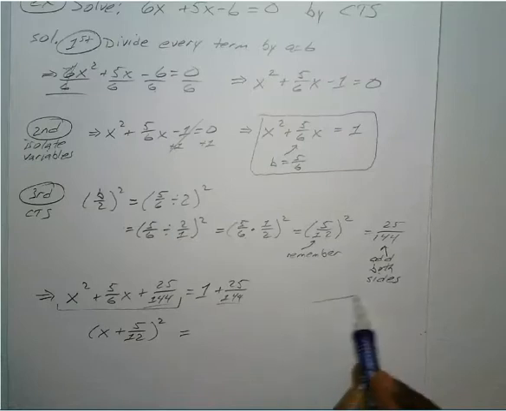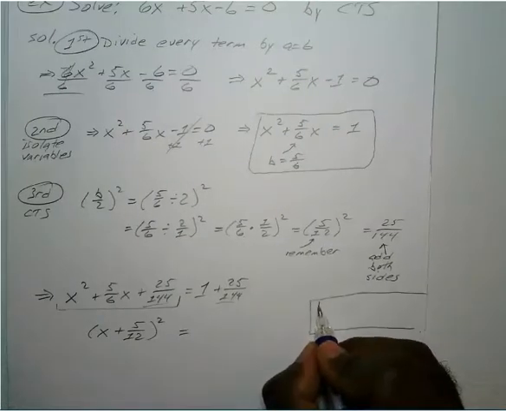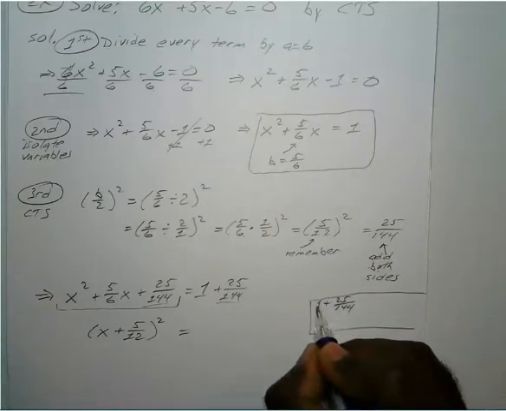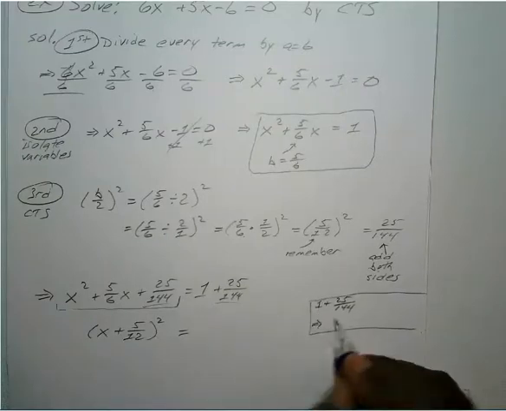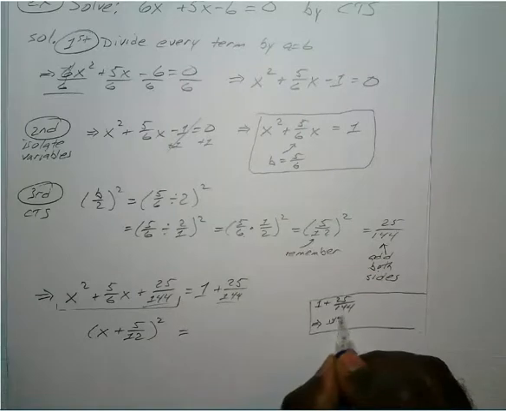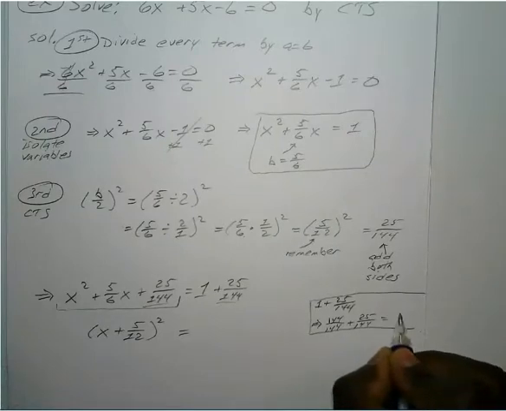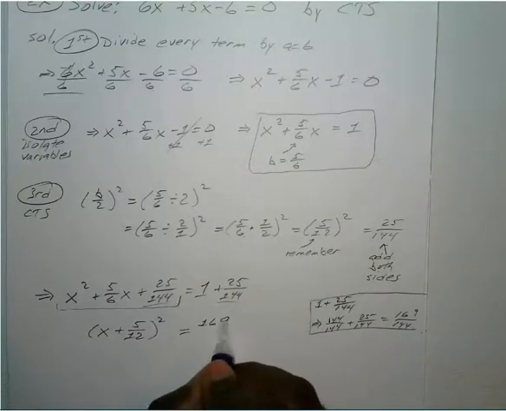Equals, and if we go ahead, 1 plus 25 over 144. We can just make that 144 over 144. 144 over 144 plus 25 over 144 is 169 over 144.